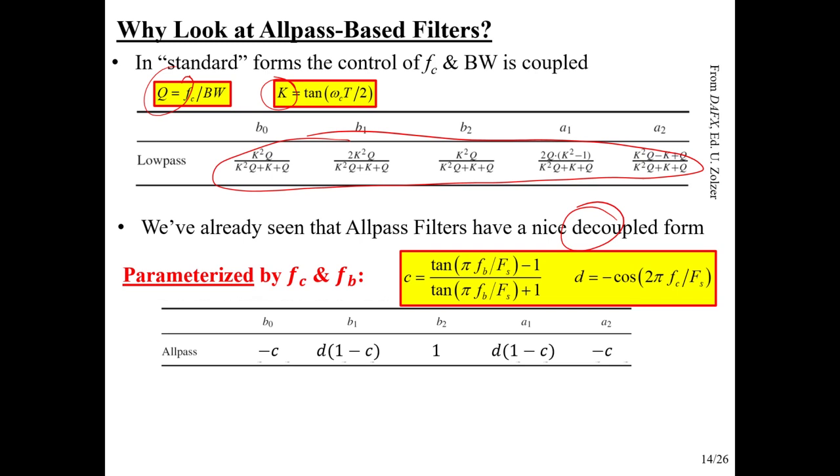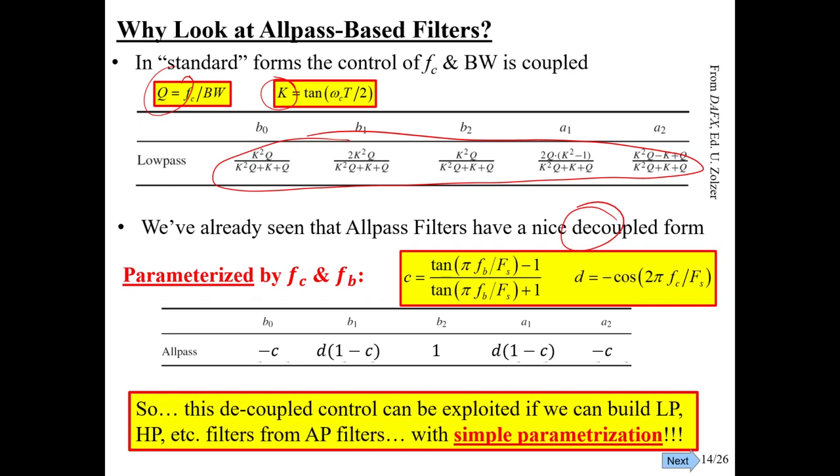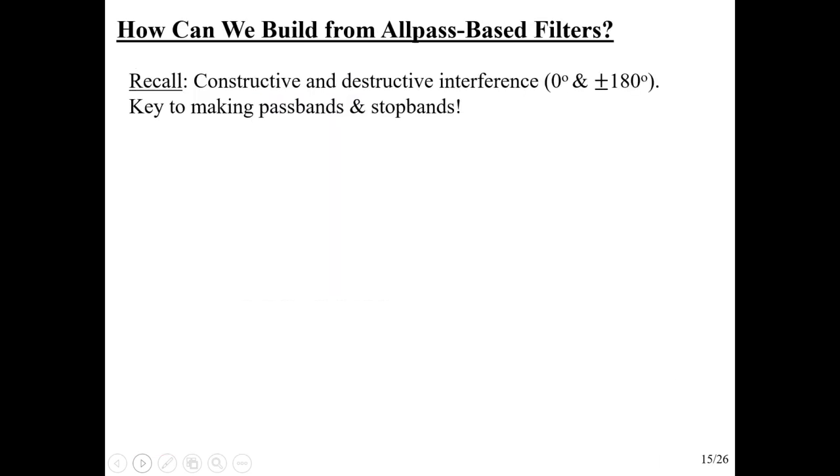And so that can save some complexity when we're trying to implement these things. So now, if we have an all-pass filter that is somewhat decoupled like this, we may be able to then build other filters from it and end up getting a fairly simple parameterization. So let's look at how to build these.